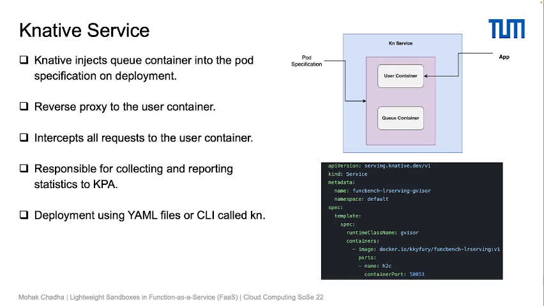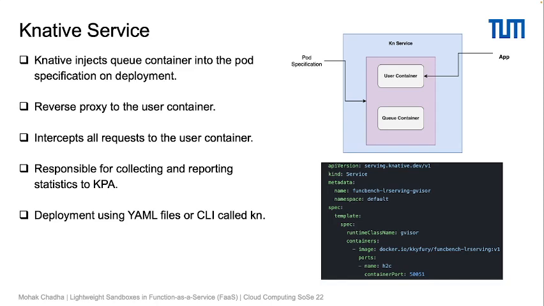Does anyone know what H2C is? H2C is HTTP/2, for gRPC. Normally all services are HTTP based, so if you don't specify h2c on the container port, it will by default be HTTP and port number 80.